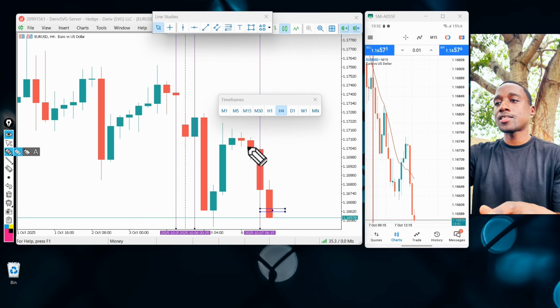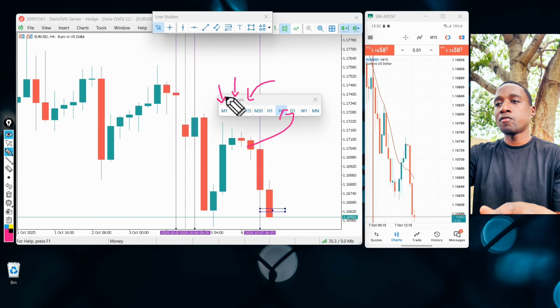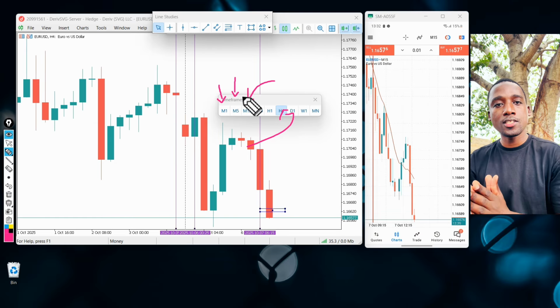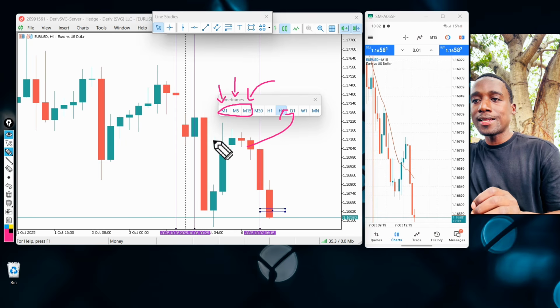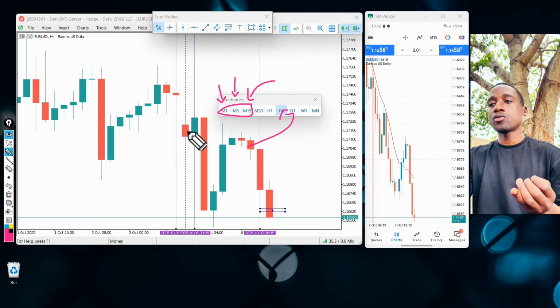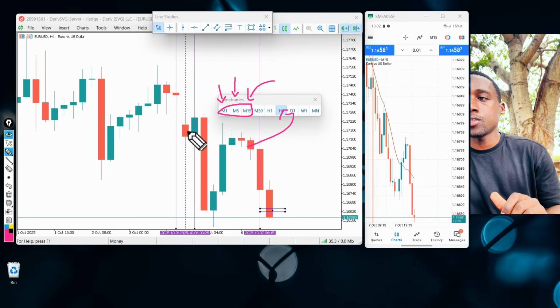Once you see a structure on the H4, you need to use the 15M, 5 minute, and 1M to find the entry. So this is where it gets tricky, because you need to be able to use these time frames to confirm the entry using what? The candlesticks. You can also use the indicators if you'd like to use the indicators.